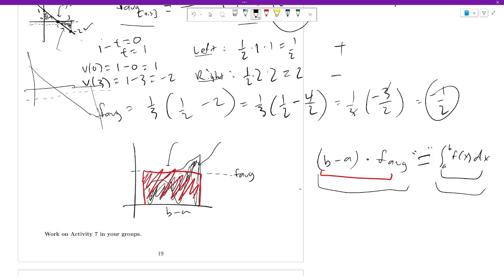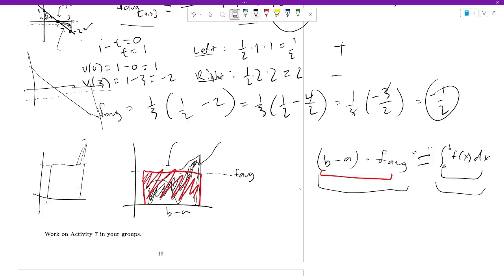I think that's plausible because if the function was going faster, my average value would be here, and the average would get pulled up, right? So the area of this rectangle would get bigger as the area under the curve is getting bigger as well.